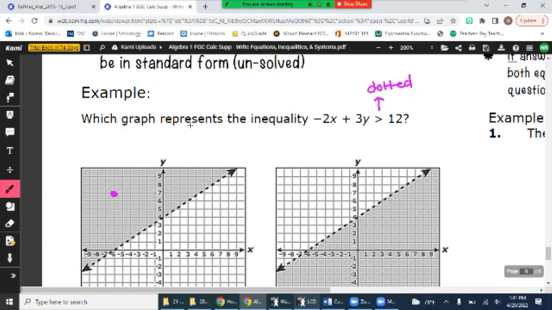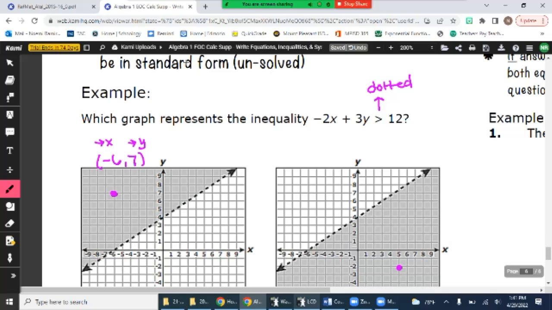A safe point would be right smack in the middle of the shaded area. So for the very first one, I would pick something like -6, 7, where I know I can store and substitute that -6 for my x, and I can store and substitute the 7 for y.